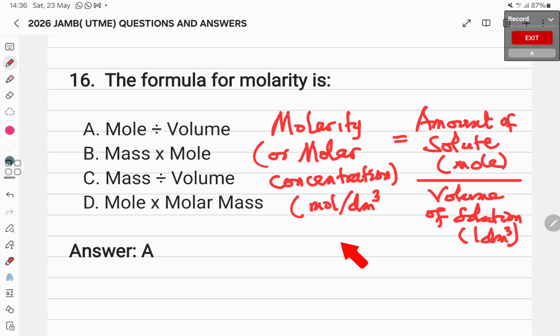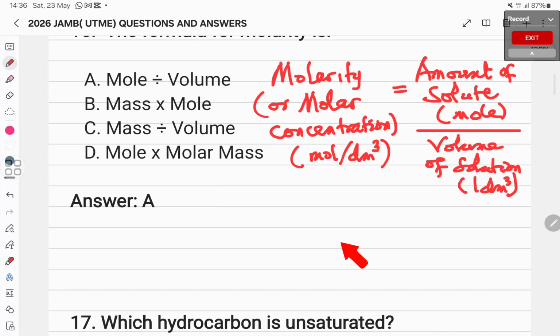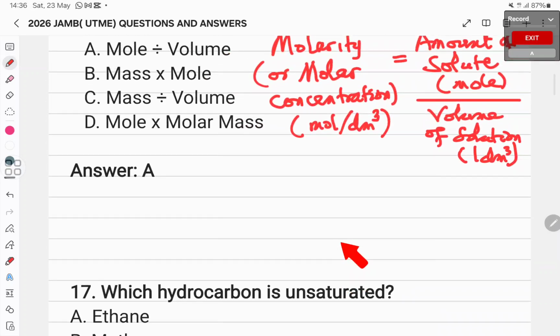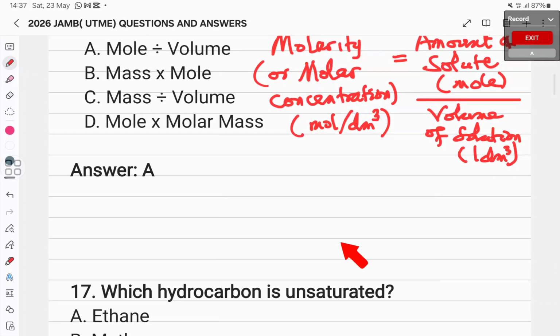So the amount that is present in 1 dm cube of the solution represents the molarity, or what we call molar concentration, of that solution. So the correct answer is option A. Mass concentration is another type of concentration we measure for a solution.